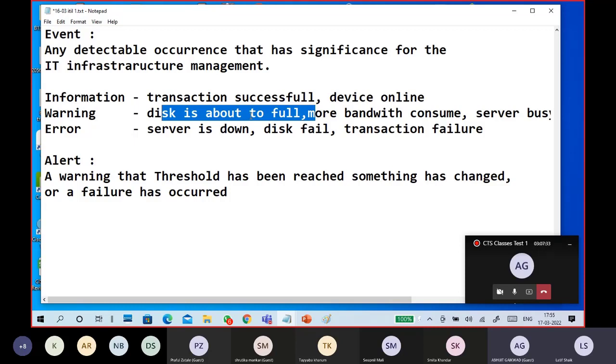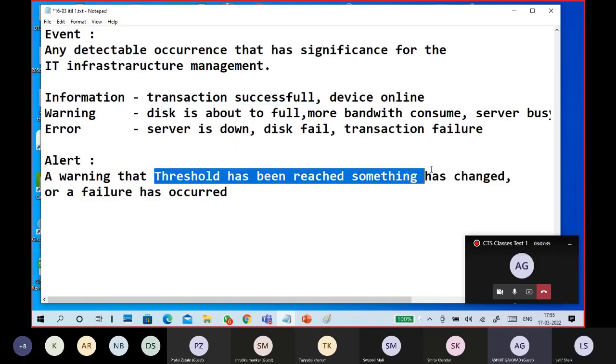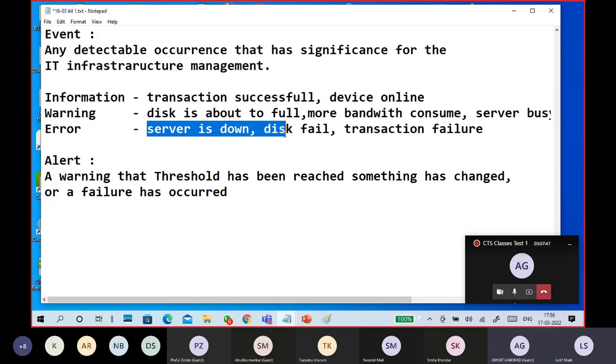A threshold has been reached: it should be maintained at 60%, but it has reached 80%. Or a failure occurs: server down, service down, RAM failure, disk failure, offline.